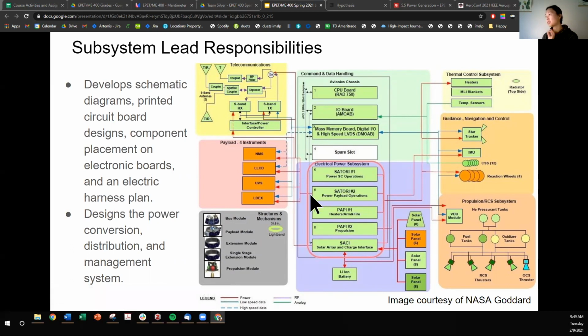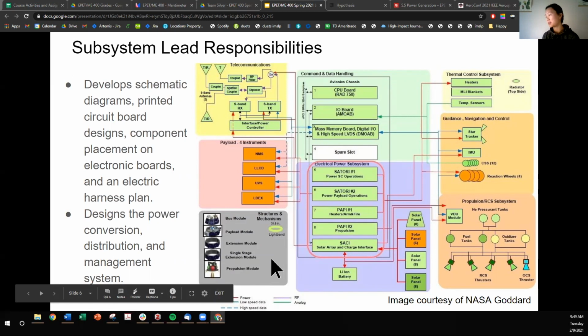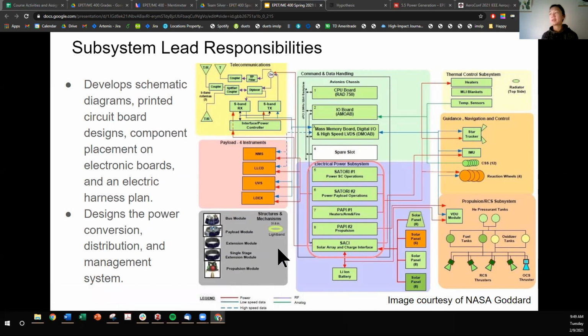It's touching every different subsystem because all of these subsystems want to be powered except for structures and mechanisms. Structures, at most, in our CubeSat, for example, the only time it needs power is to deploy the antenna. But other than that, it's really low maintenance.